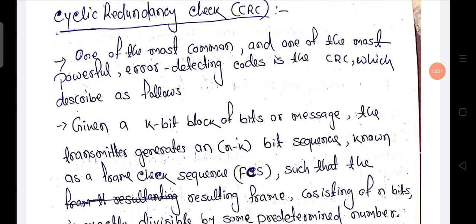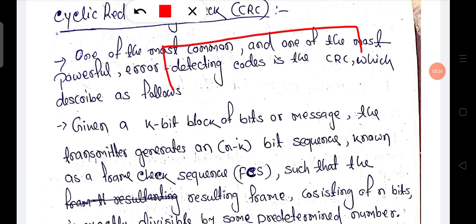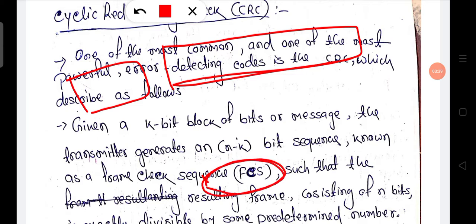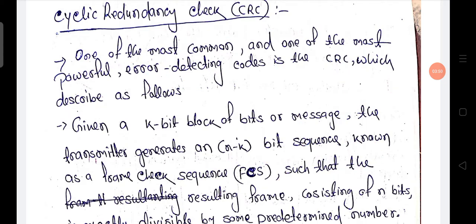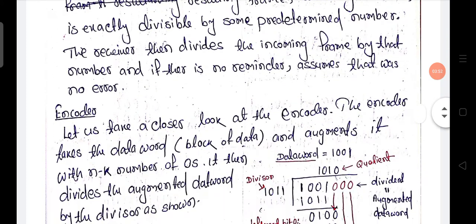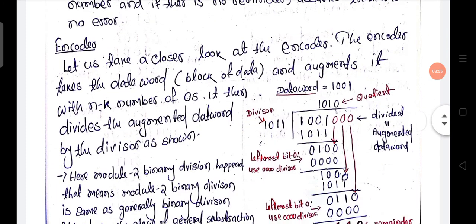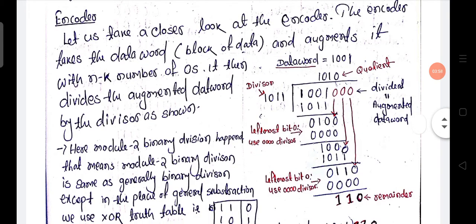The receiver also gets the code and divides that code by the same binary divisor. If the remainder, or the result, is 0, then there is no error. If the result is non-zero, then there is some error. We'll see an example, and you can understand better.